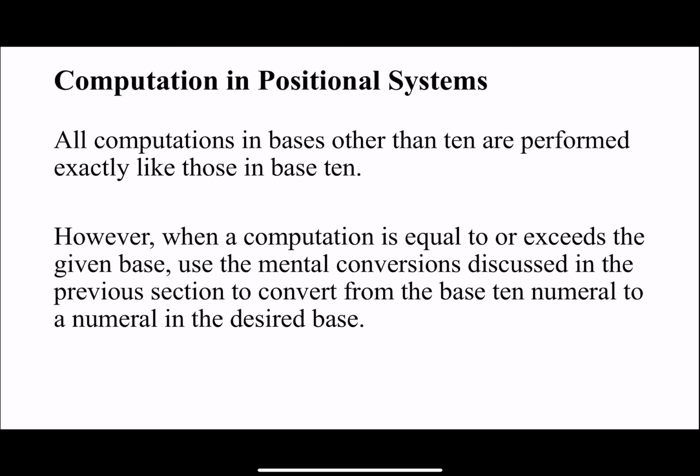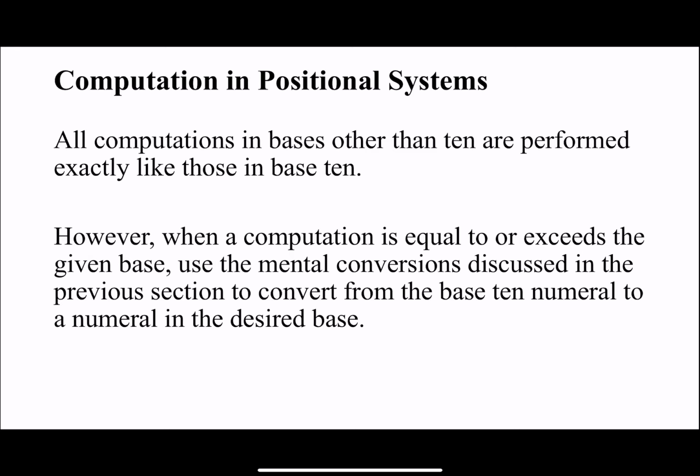Okay, so one thing is that all computations in other bases are actually performed exactly like what we do in base 10. There is just one trick. Whenever the result of a computation equals or exceeds the given base, we need to do a conversion.